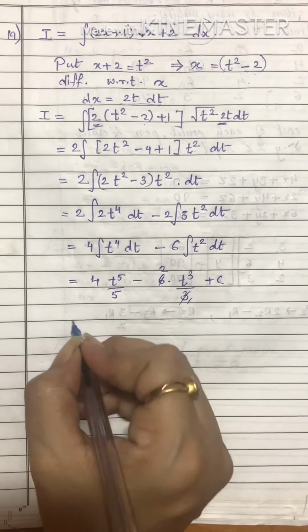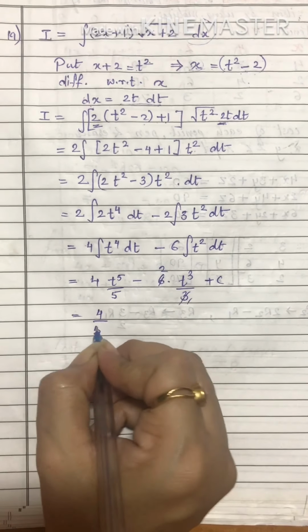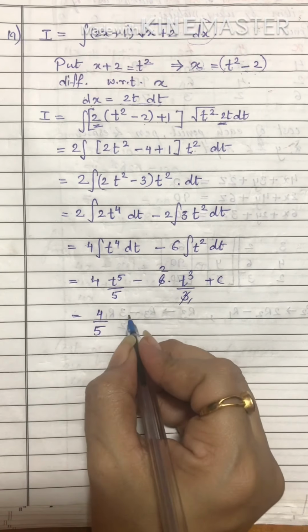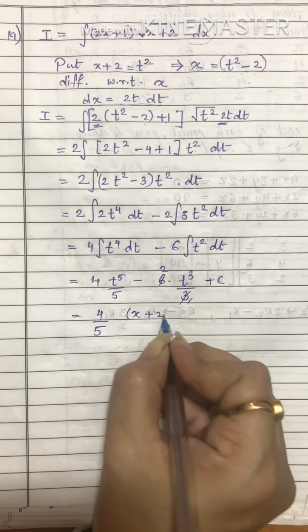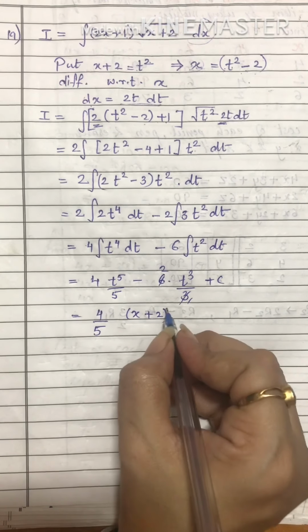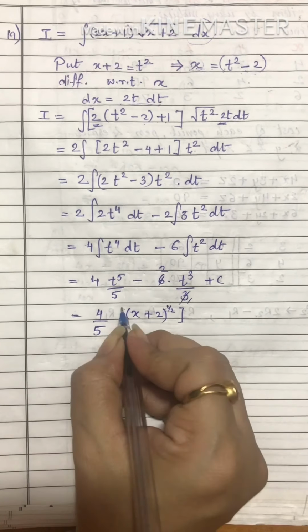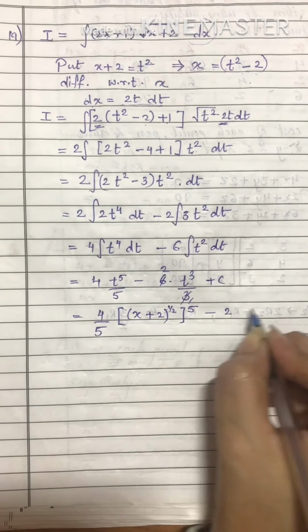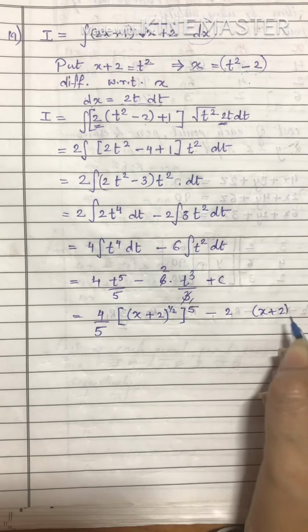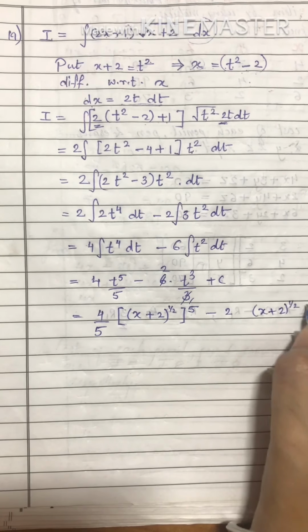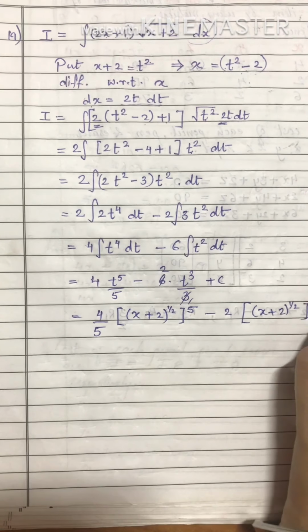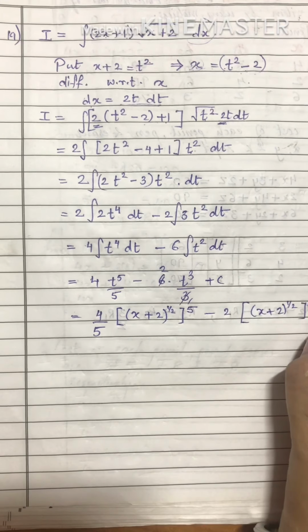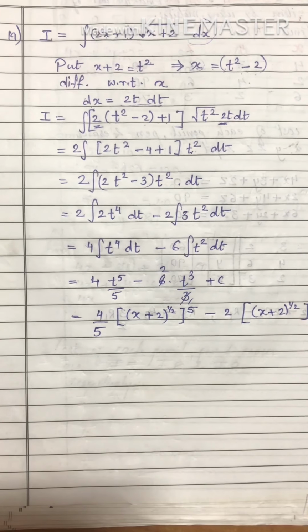Reduce this. So we get 4 upon 5, and we need to resubstitute the value of t: x plus 2 whole raised to 1 upon 2, whole raised to 5, minus 2 into x plus 2 whole raised to 1 upon 2, and that whole raised to 3, plus c.